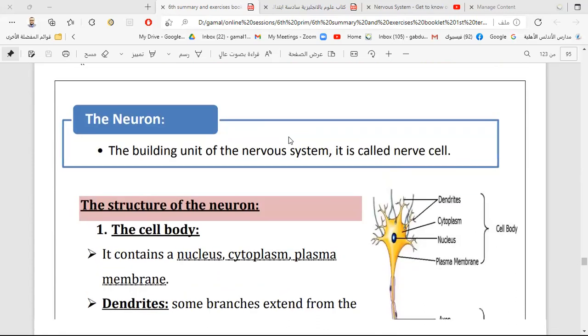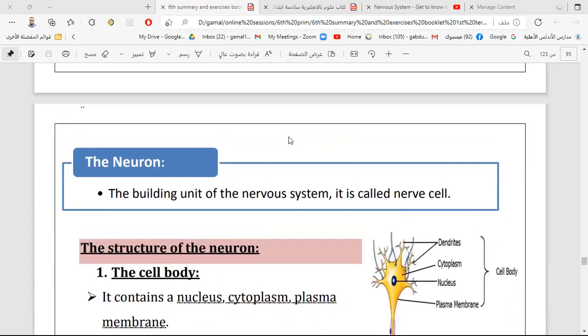But before we start talking about the brain, the spinal cord, and the nerves, we have to know what the nervous system is made of. Your body is made of many systems. Tell me some systems, Yahya.